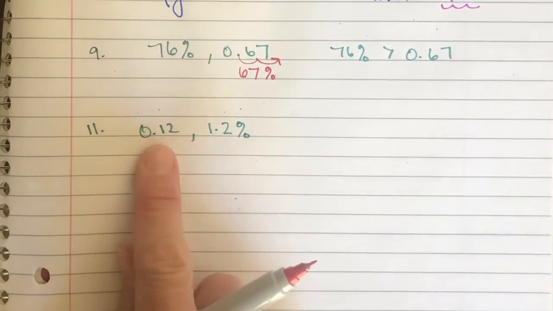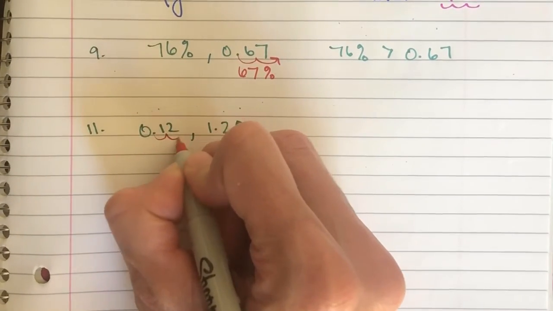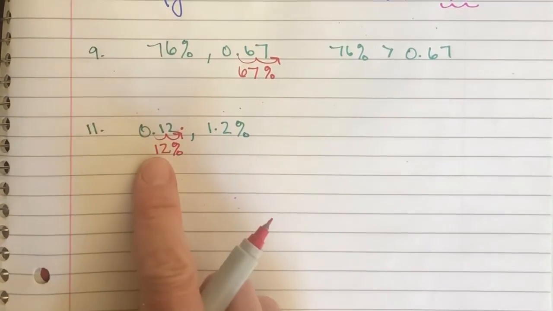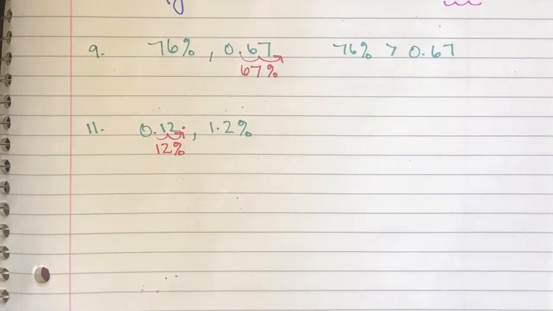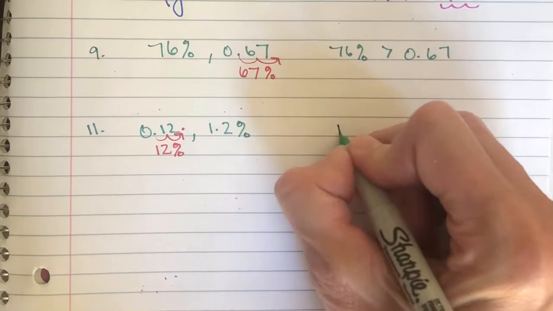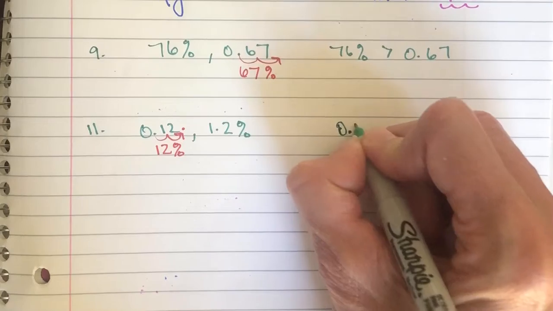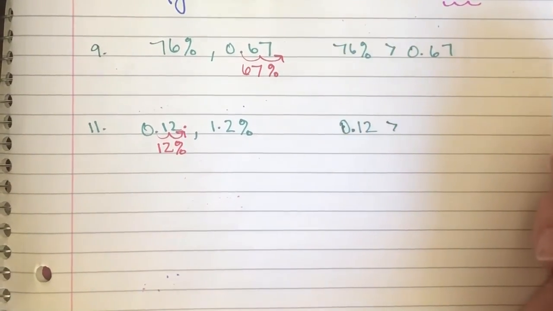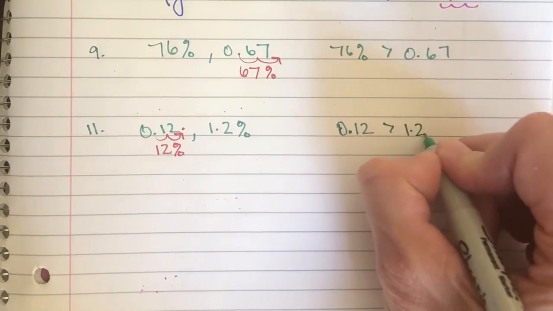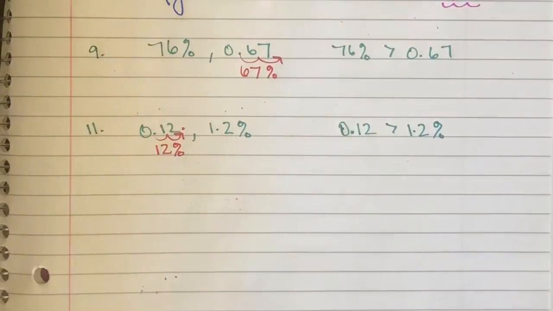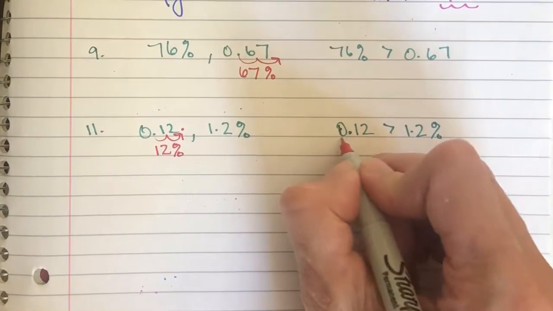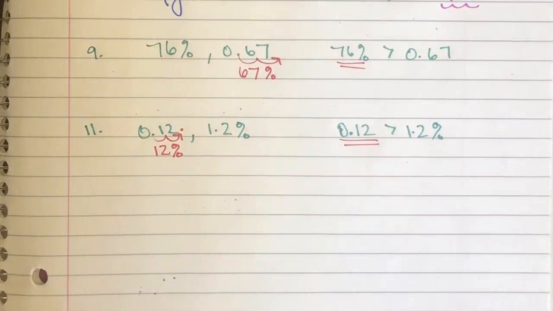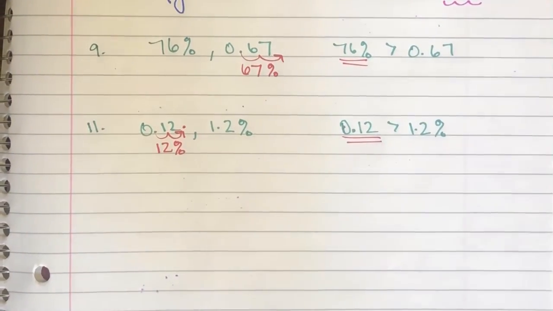I'm going to start by changing this one to a percent, twice to the right, and I get 12%. 12 is much bigger than 1.2, so we can write it as 12 hundredths is greater than 1.2%. Okay? The back of the book might just tell you which number is greater because it said tell which is greater, so that's how they might express their answer.